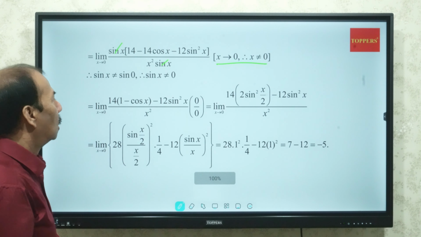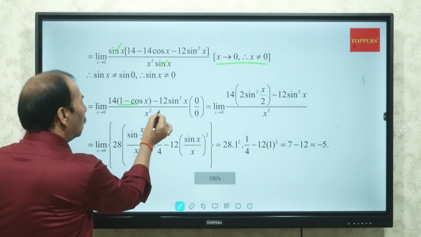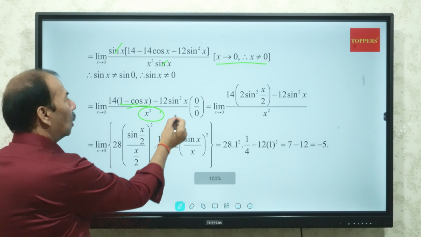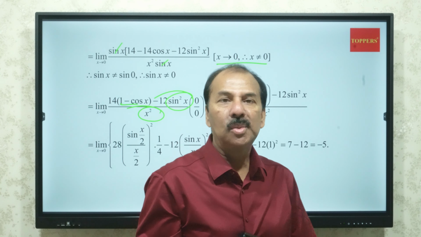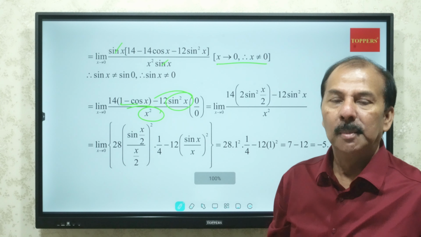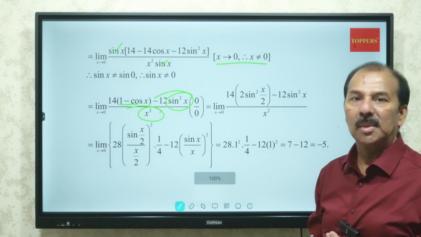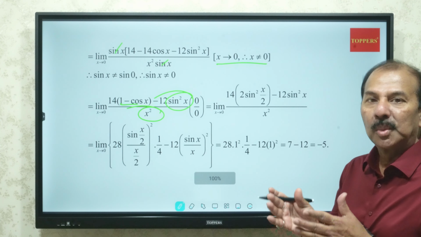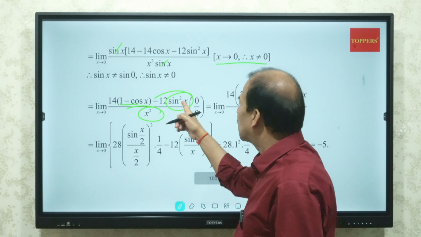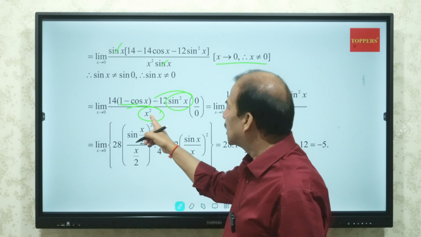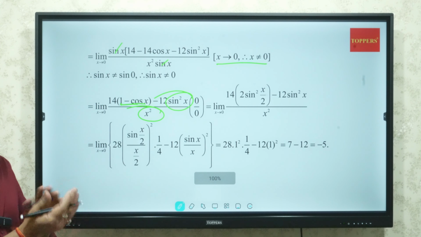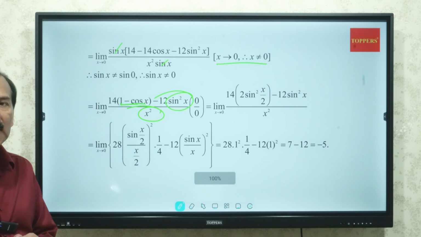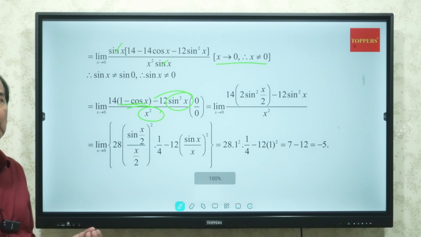Now 1 minus, because here it is x square and here also you have sin square x, sin x upon x whole square, that will absorb x square, because sin x upon x, when x tends to 0, is equal to 1. So when there is a sin square x here and it is x square in the denominator, and 1 minus cos x again has to be converted to sin square x, then the entire form will be taken as sin x upon x whole square.